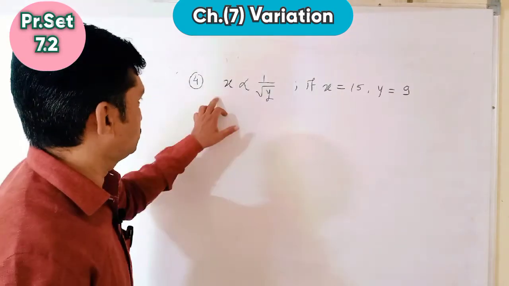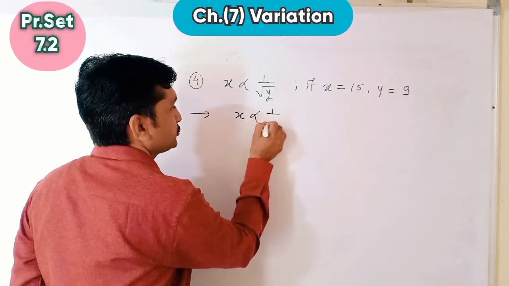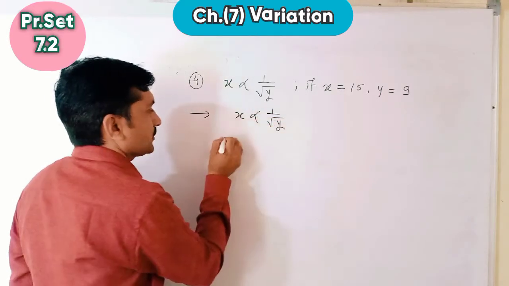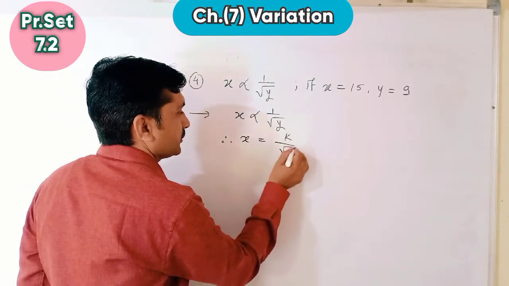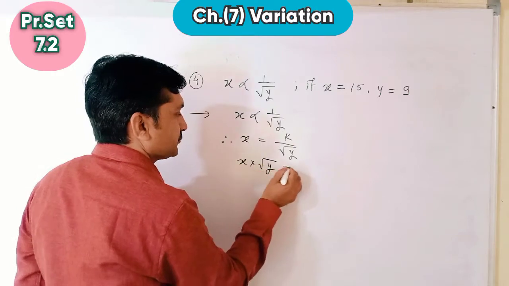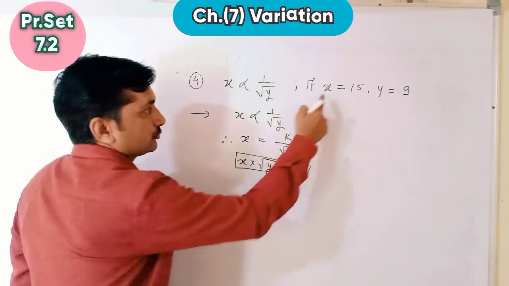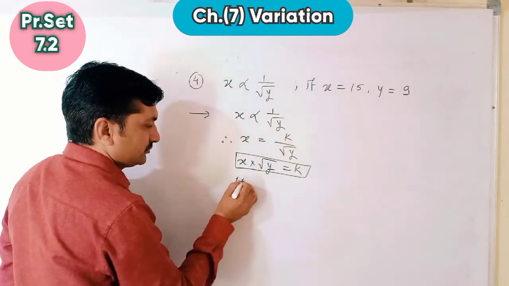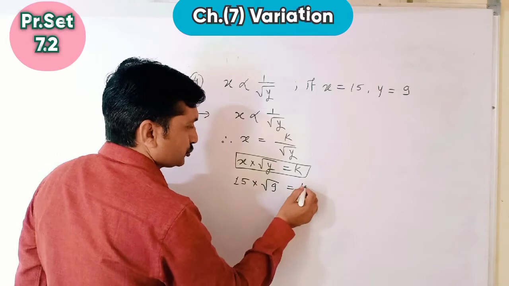Example number 4. X is inversely proportional to root y. Therefore x is equal to k upon root y. X multiplied by root y is equal to k. Put the value of x: 15 multiplied by square root of y, which is 9, is equal to k.